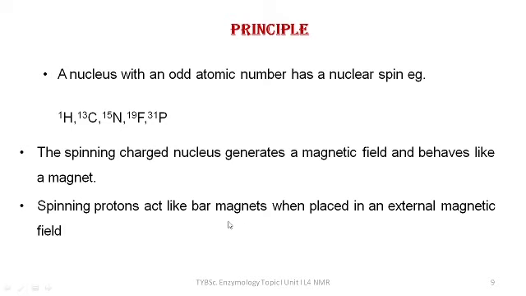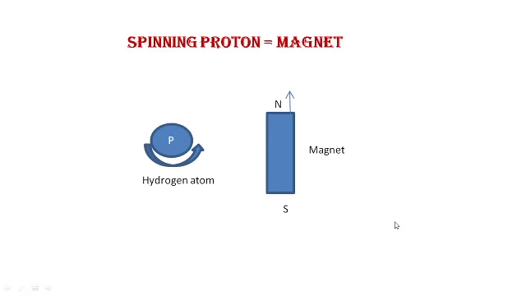So the spinning protons can be compared to the behavior of bar magnets when they are placed in an external magnetic field. Here I have illustrated how the hydrogen atom will spin when it is placed in a magnetic field, and it can be compared with a typical bar magnet.